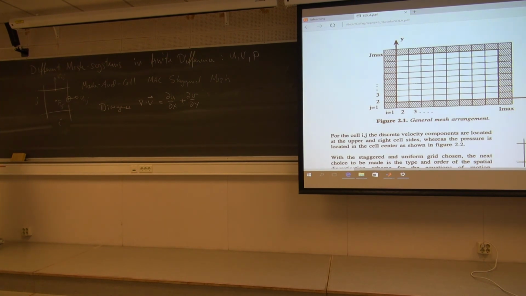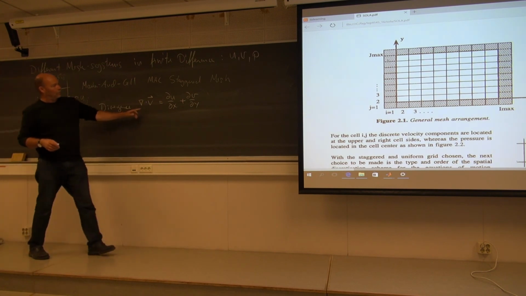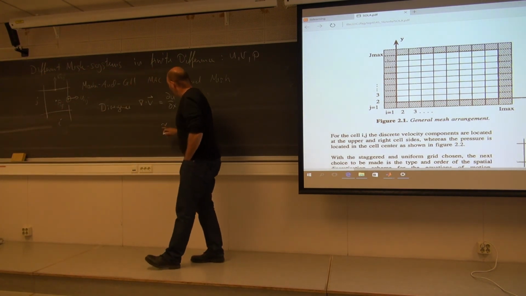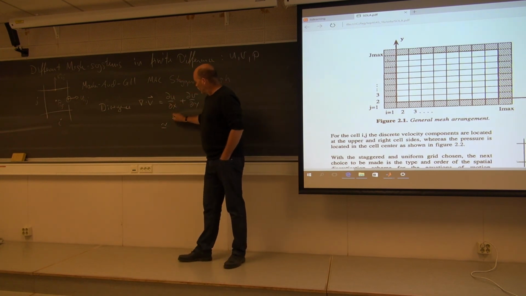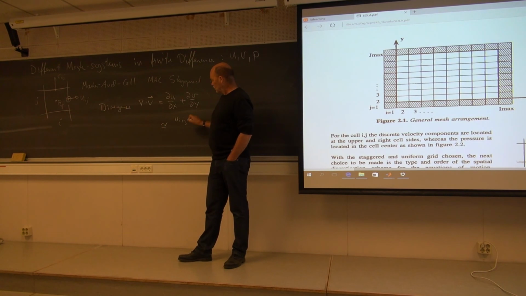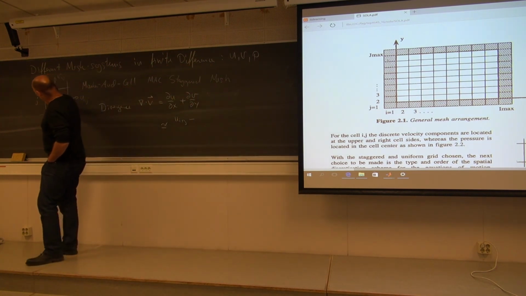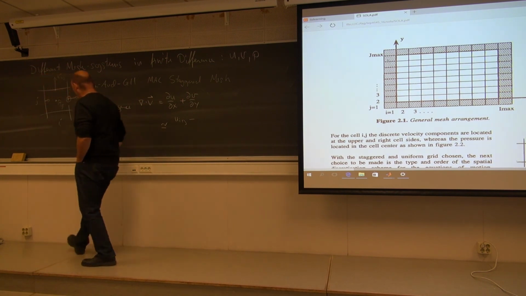How to check it numerically? Well, if you look at this cell, ij, then you can construct these fairly straightforward. The du dx, then you start with u I comma j minus the velocity you have on the other face here to the left.